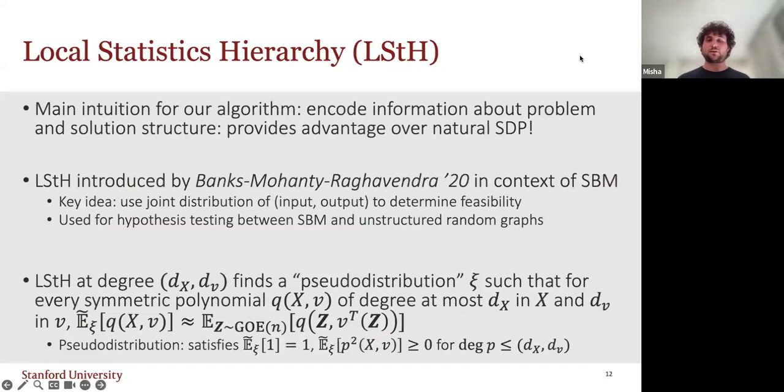This is what a pseudo distribution is, and this is all we require. We require that for all symmetric polynomials, we have this property. This is the local statistics hierarchy, and it takes in a particular degree and runs in time n to the power of the sum of the degrees, for example.